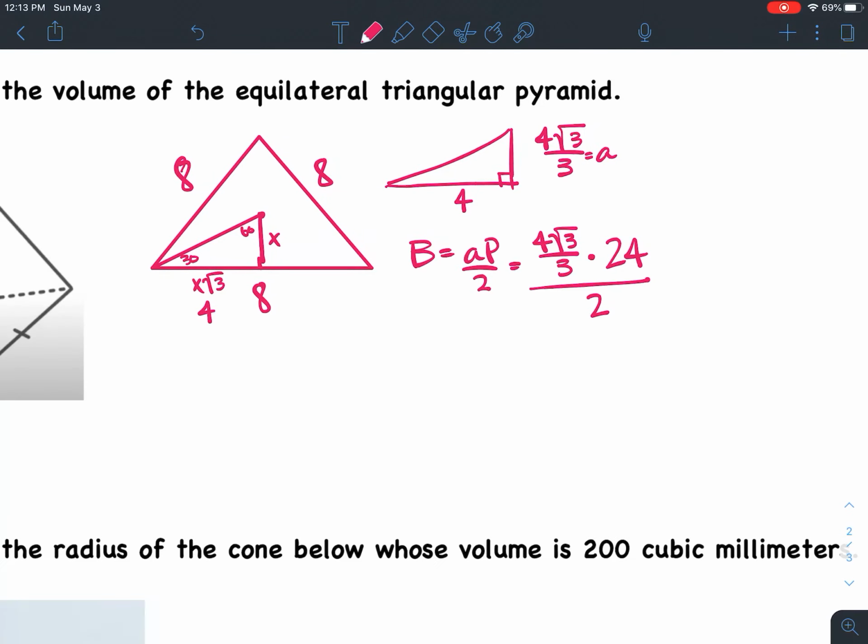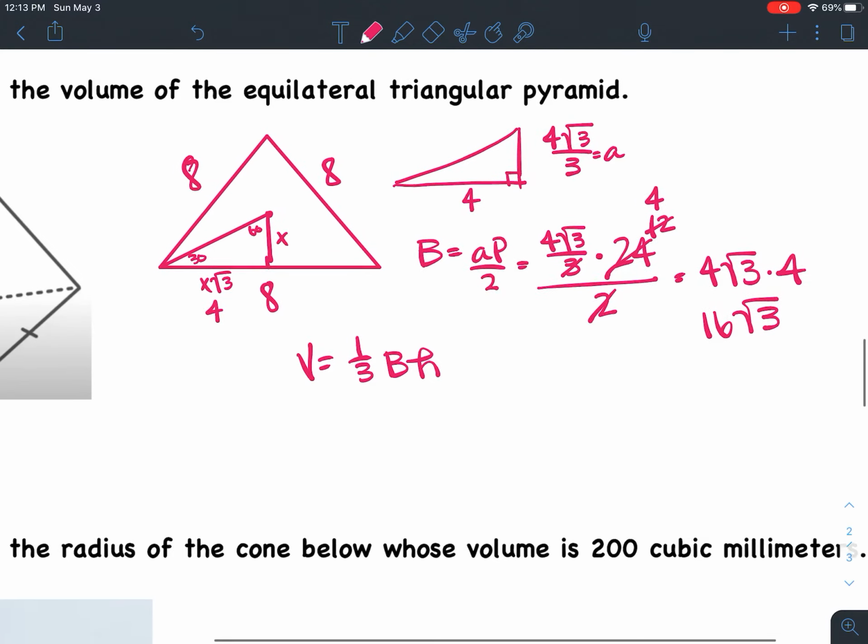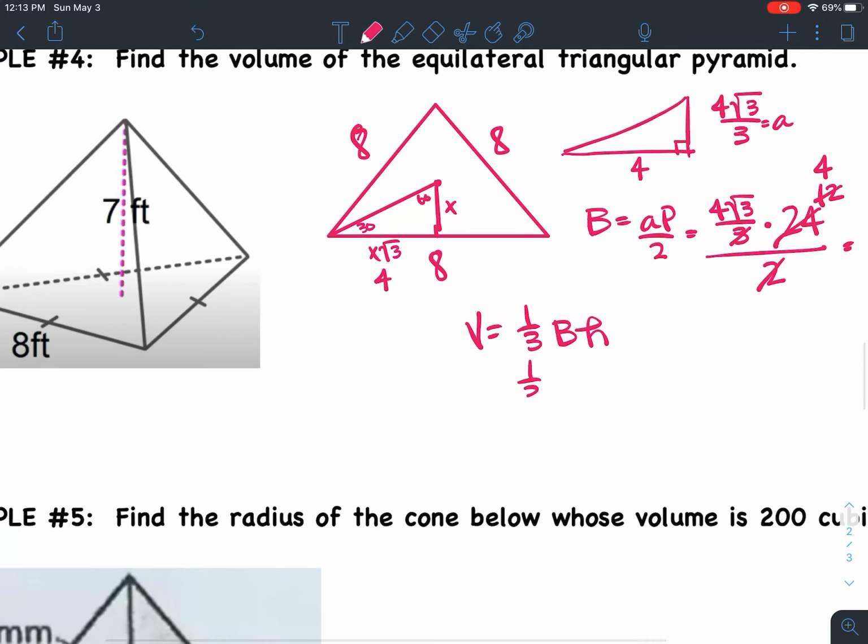Now, just take this a little bit at a time. I'm going to work with the denominators first, and the 2 will go into the 24 12 times, and the 3 will go into the 12 4 times. So now what I have is 4 root 3 times 4, which is 16 square root 3. That's all for the area of my base. Now we can go to our volume, 1/3 area of the base times the height.